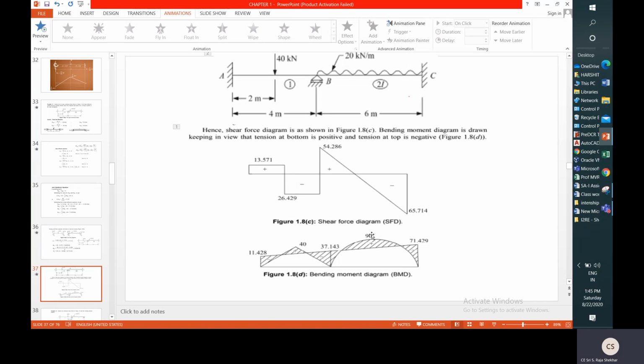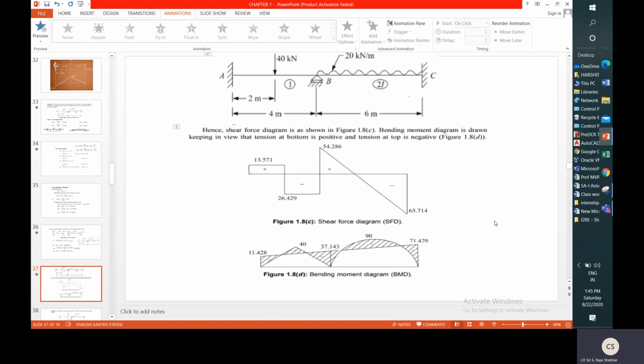This is WL square by 8, we will get 90. Whatever the portion we are getting, this is the net positive bending moment. Here the hatched portion is the net positive bending moment. This is the net negative bending moment. This is the net BMD.